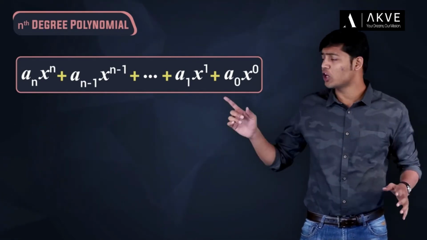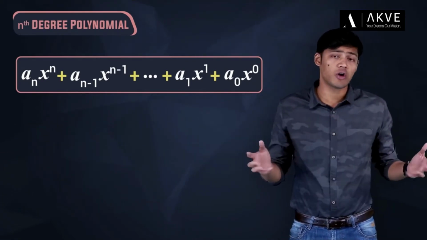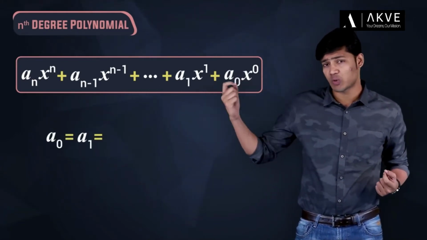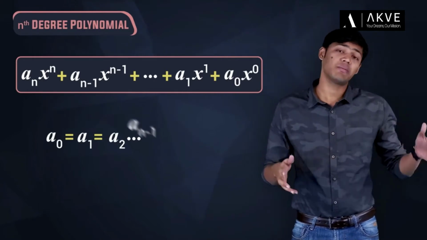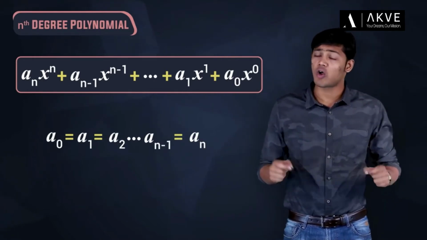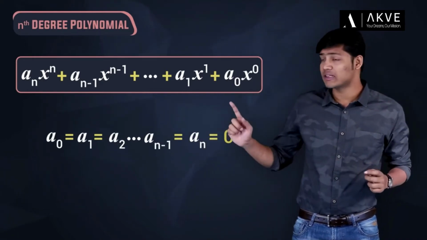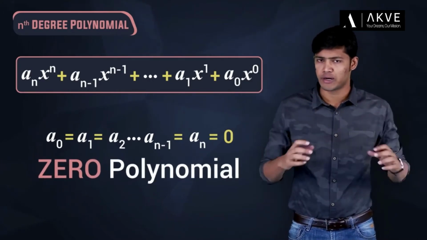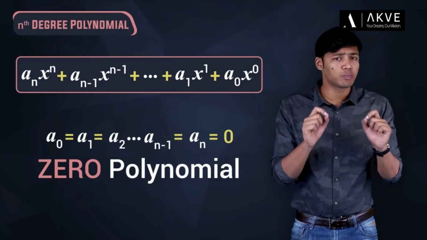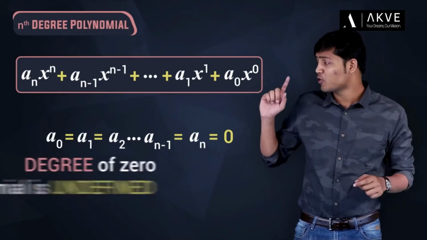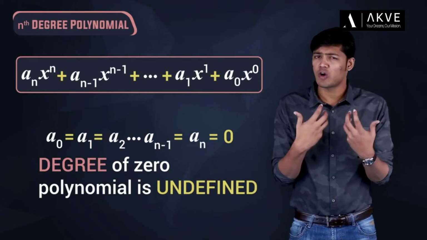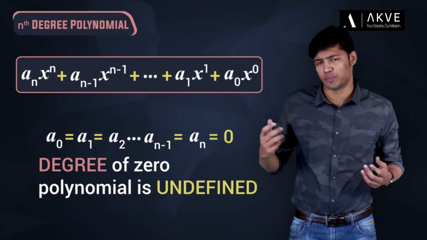Now, in this polynomial, if all the constants are equal to 0, that is, if a0 equal to a1 equal to a2, and so on, an minus 1 equal to an are all equal to 0, then the polynomial formed will be named the zero polynomial. And an important point to remember is, the degree of this zero polynomial is undefined. That is, we cannot talk about the degree of this polynomial.